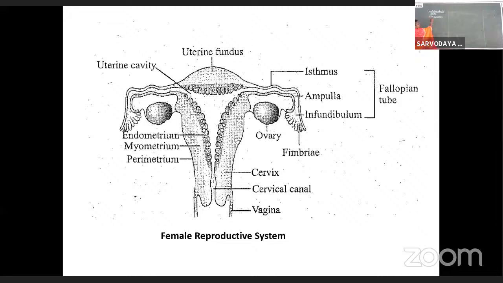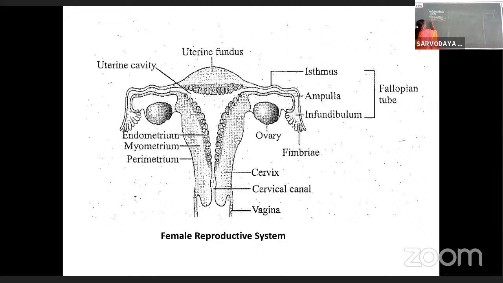But here you'll find it is present inside the abdominal region, located on either side of the uterus. So location: we observe that a pair of ovaries are located on either side of the uterus.